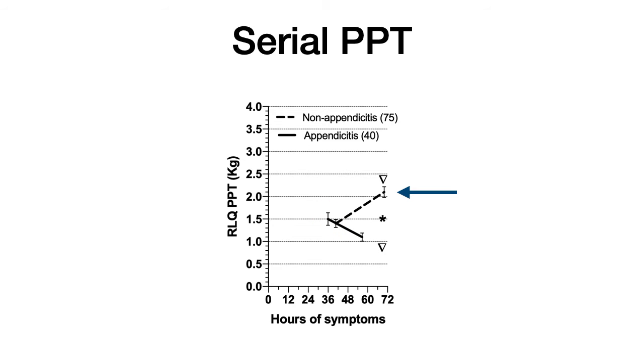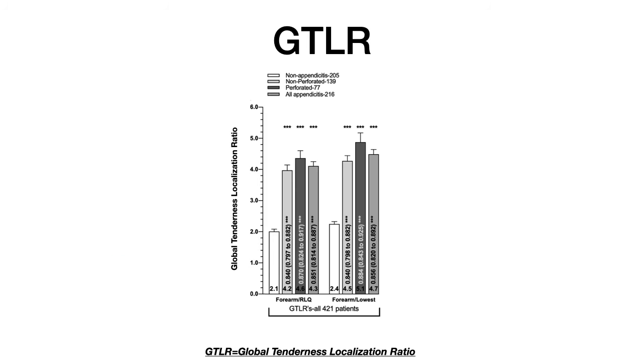However, over time, the non-appendicitis thresholds rose to 2, while those who went on to develop appendicitis, their thresholds fell. So now we can use serial algometry to tell us which direction these patients are heading. Are they heading towards appendicitis or non-appendicitis? Next, global ratios.